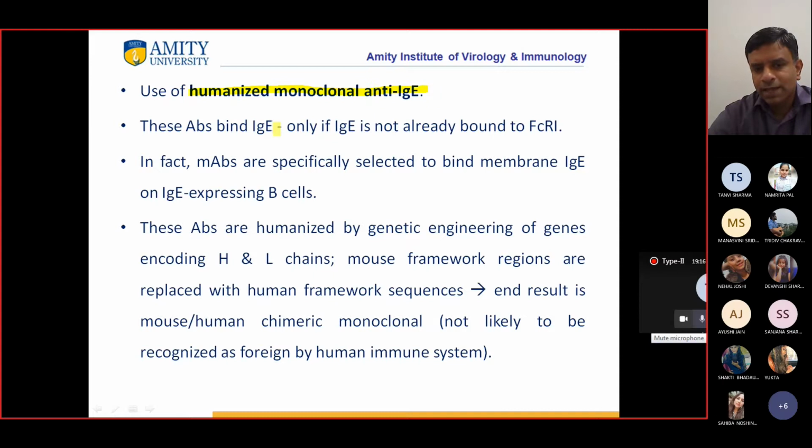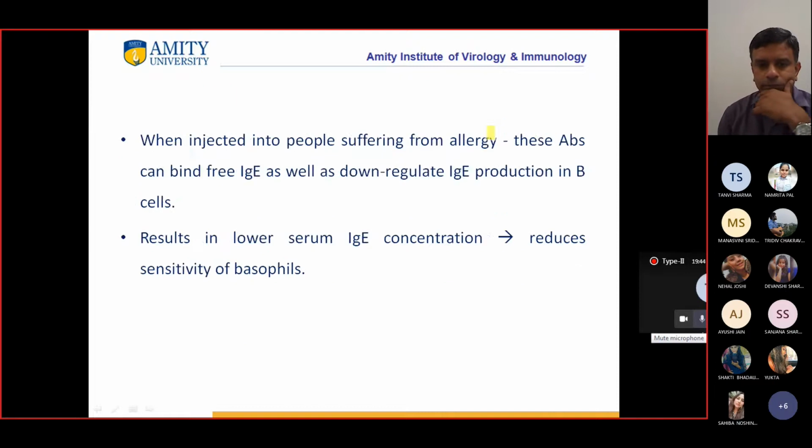These antibodies will bind IgE only if IgE is not already bound to FcεRI. In your body, a large amount of IgE is circulating when there is a reaction. So anti-IgE will bind to all the circulating IgE and remove it from the circulation, and obviously that will help.